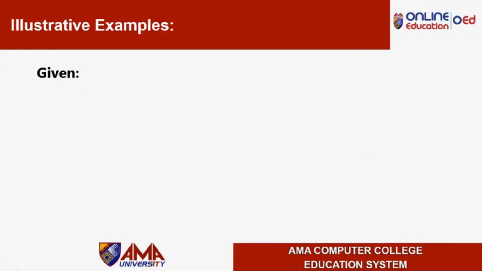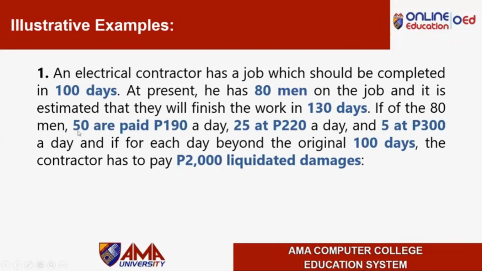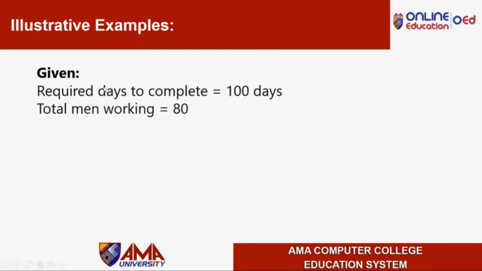So let's go with the given. First, required days to complete. Based on the problem, the required days is 100 days. Then total men working, the actual men they have is 80. Then estimated time to finish is equal to 130 days. So here you will notice that we already exceeded the 100 days required.